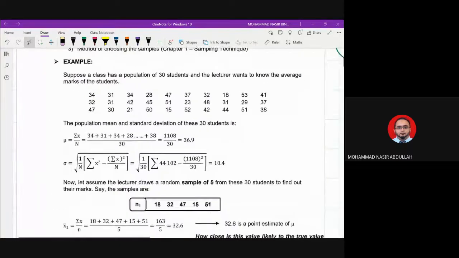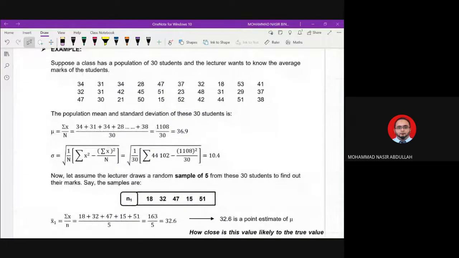Suppose that a class has a population of 30 students and a lecturer wants to know the average mark of the students. So if you take the average of these 30 students, it will be the mean of the population. That's why we use the symbol mu.